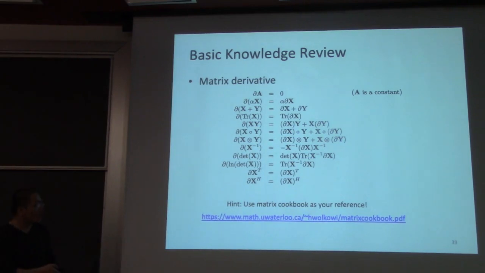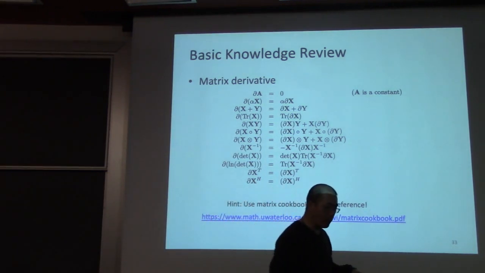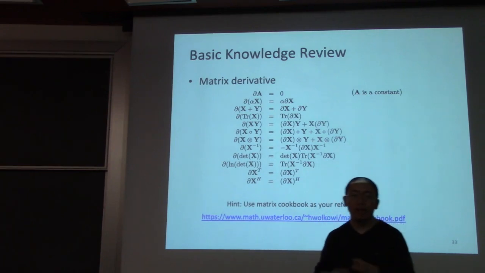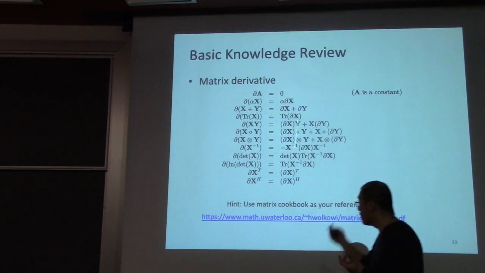And also there is a great reference book called the Matrix Cookbook, available online. You can follow the link. Also our course webpage contains a link to the book. And whenever you want to derive the derivatives of some complex loss function or objective function, apply those rules.